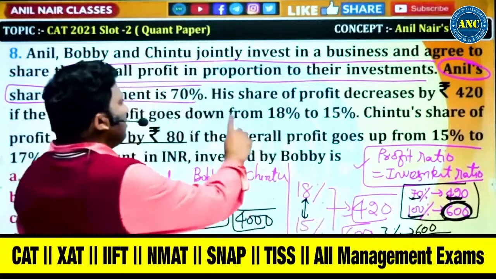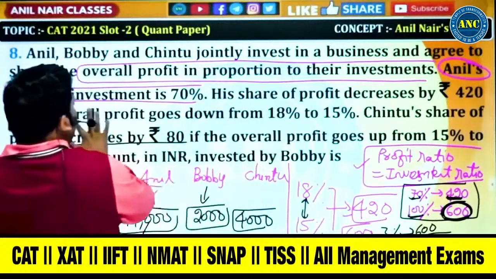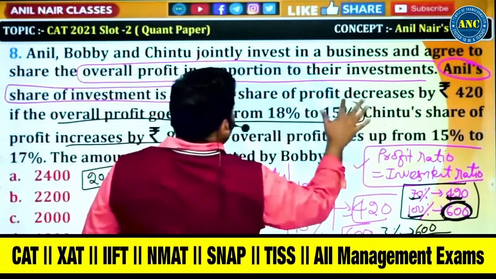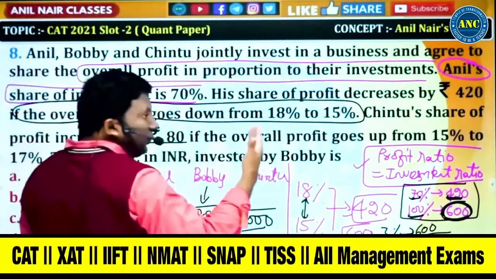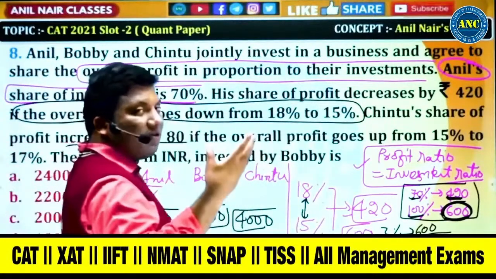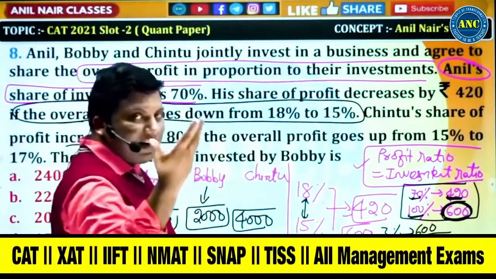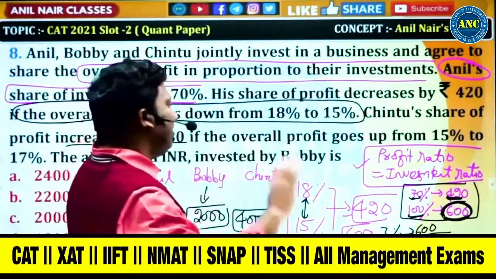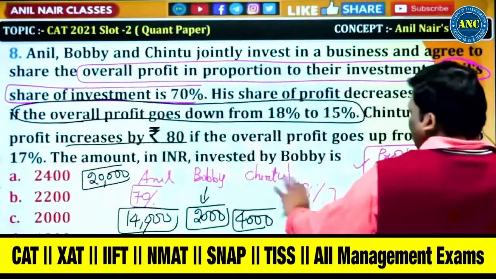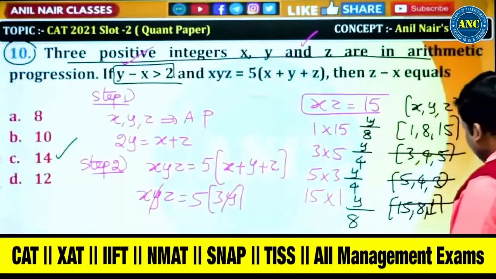His share of profit decreases by 420 if the overall profit goes down from 18 to 15. In the overall profit, how much percentage will Anil get? Only 70%, because he invested only 70%. There are no X and Y equations. Very, very easily you can solve it.